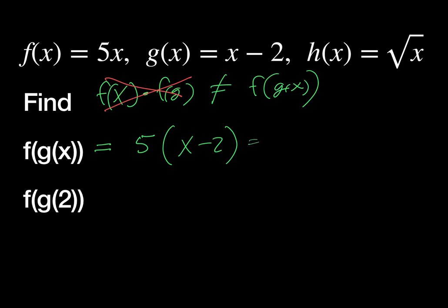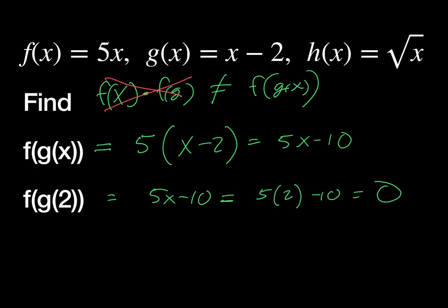Then we have 5x minus 10, which is f of g of x. f of g of 2 would be taking that 5x minus 10 and substituting in the replacement of the x, replacing it with the number 2. So it'd be 5 times 2 minus 10, which is going to give me 0. 10 minus 10.